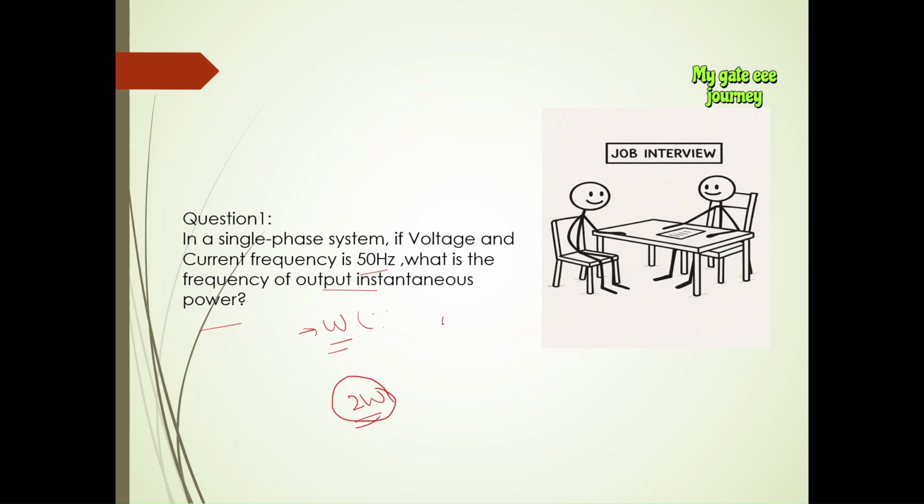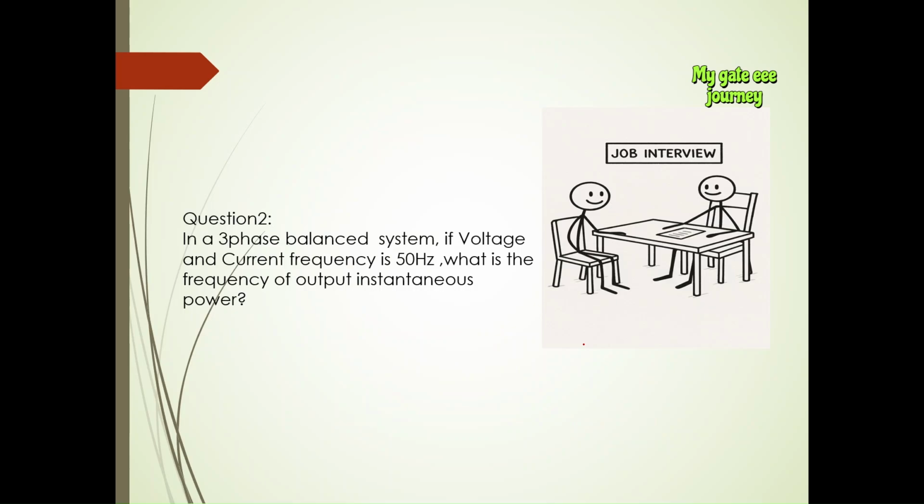So in India, if voltage is 50 Hz and current is 50 Hz, you should know that power will have 100 Hz. So 100 is the answer. If they ask about the USA power system, it is 60 Hz, then power will have 120 Hz pulsating power. This is applicable only for single phase power systems.